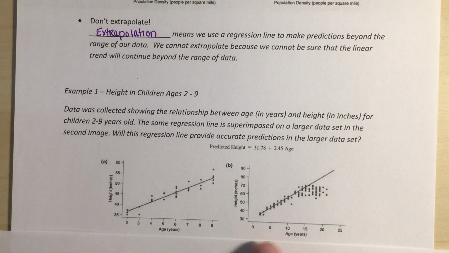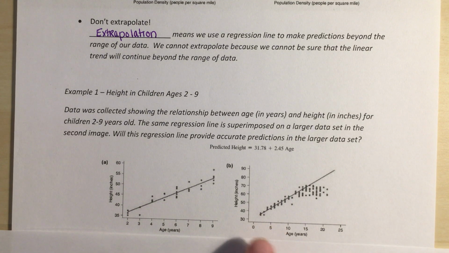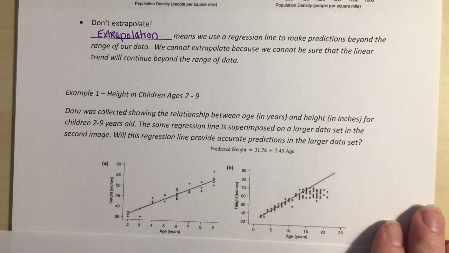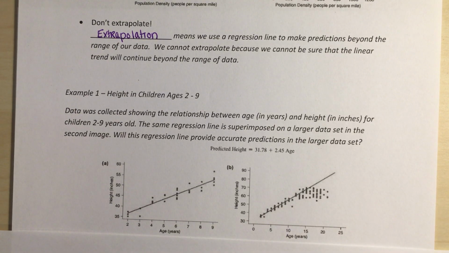If we look at this one, we've changed the scale on our horizontal axis, and instead of just going from 2 to 9 where our data values are, we have from 0 to 25, and our values are somewhere between that 0 and 5 range, and then between that 20 and 25 range. If we look at this, the line does not fit our data set.